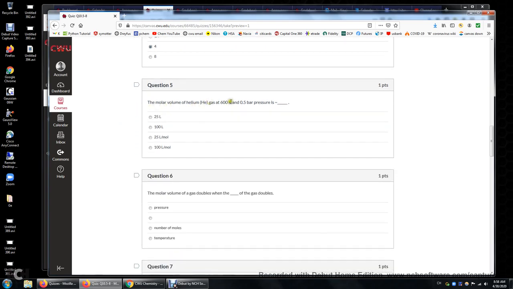For the molar volume, we'll just use PV equals nRT again. So V over n, that's the molar volume, is RT over P. So we're just plugging in RT over P. I'm going to use R 8.3 times this temperature, and then divided by 50,000 pascals.